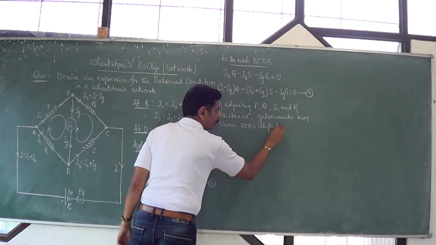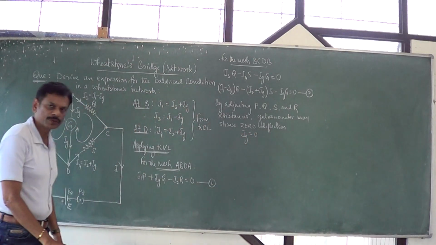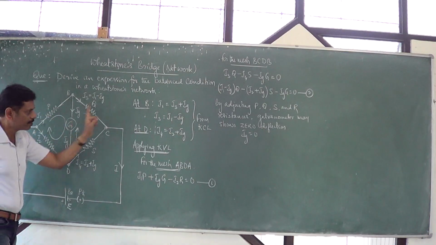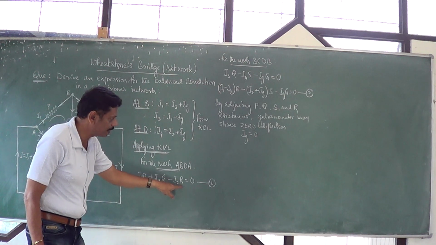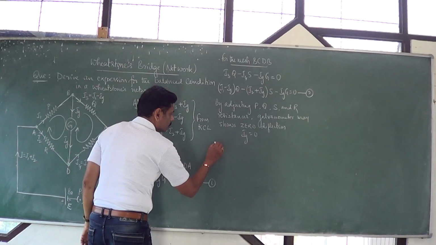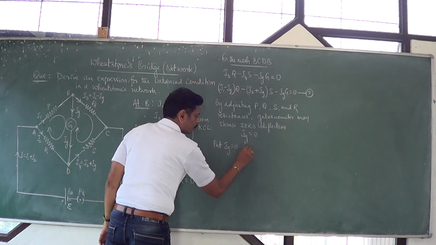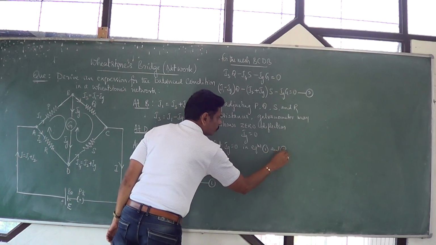If it is showing 0 deflection, then I can say immediately Ig current is equal to 0. The current flowing through the galvanometer is 0. As Ig current is equal to 0, we can substitute Ig equal to 0 in equation number 1 as well as in equation number 2.